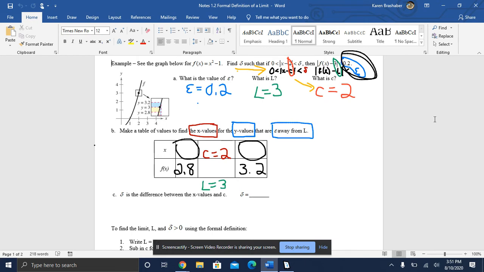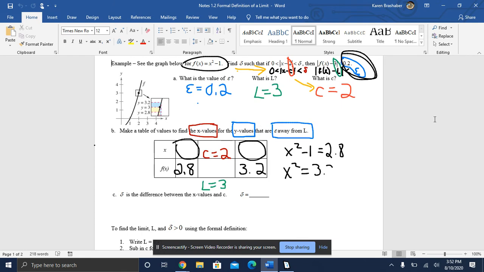All right, so if I'm going to want to get those y values, then I ought to be able to take my expression, or my equation, f of x equals x squared minus 1, and set that equal to the y value that I want to get. So the first one I'm going to do is x squared minus 1 equals 2.8. And so I'll add 1 to both sides. So x squared would equal 3.8.